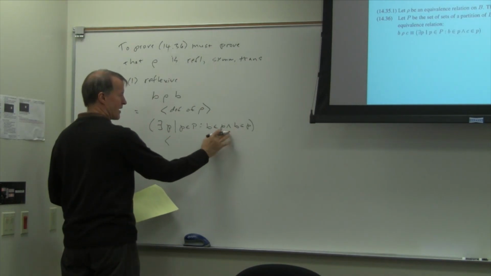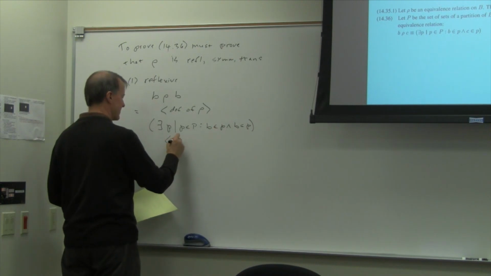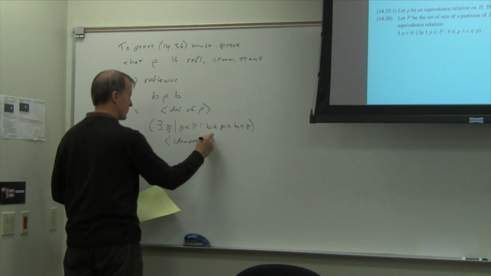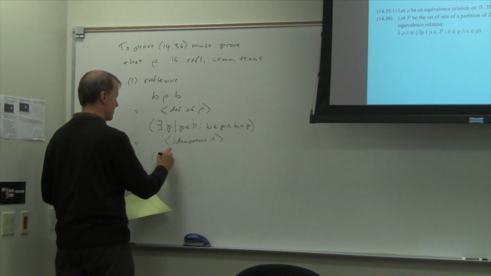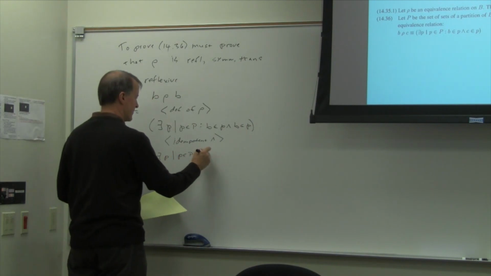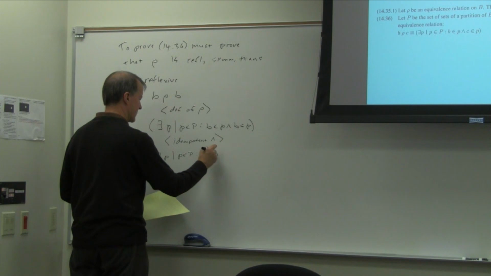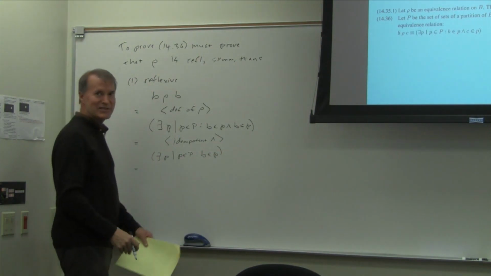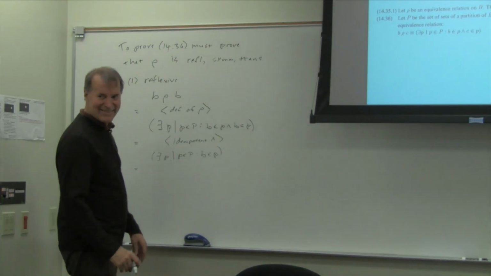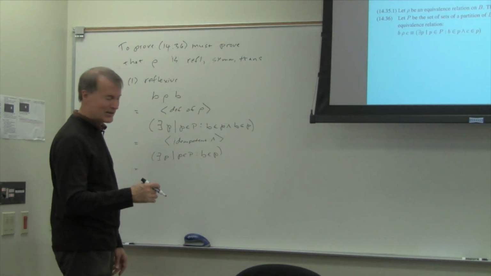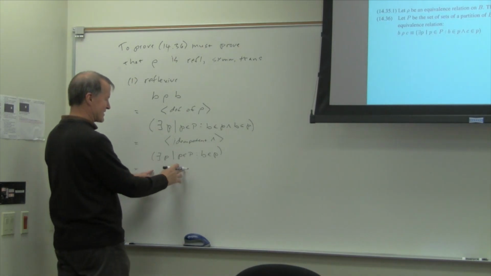What do we know about idempotency? Idempotent and, right? So this is, there exists a p, p is an element of the partition, and B is an element of little p. This is going to be a little informal. What do we know about this?